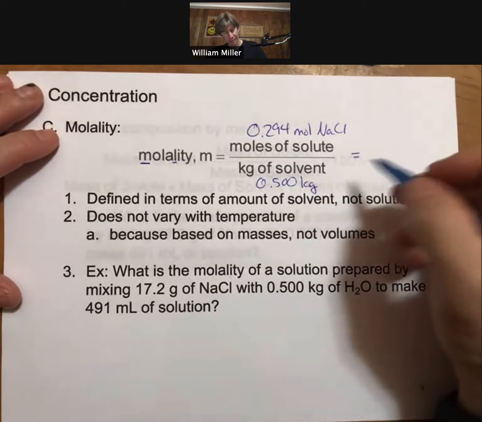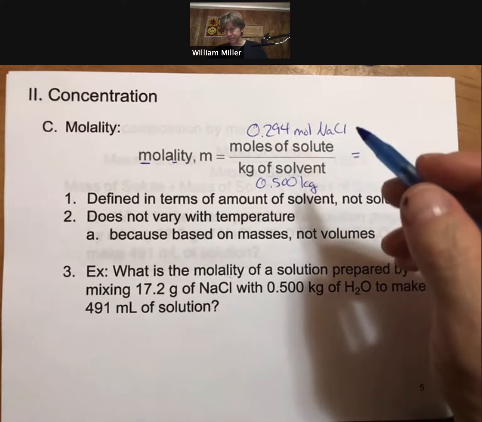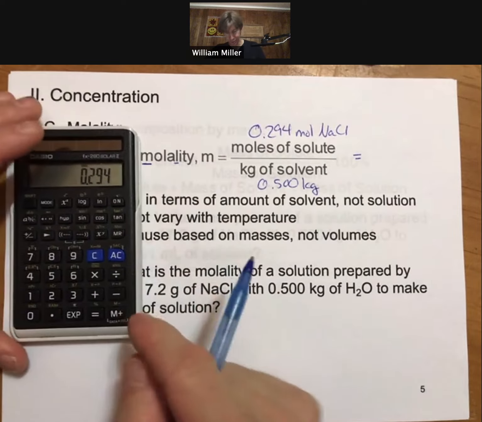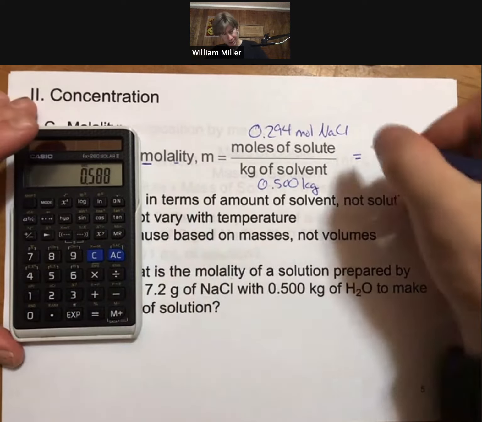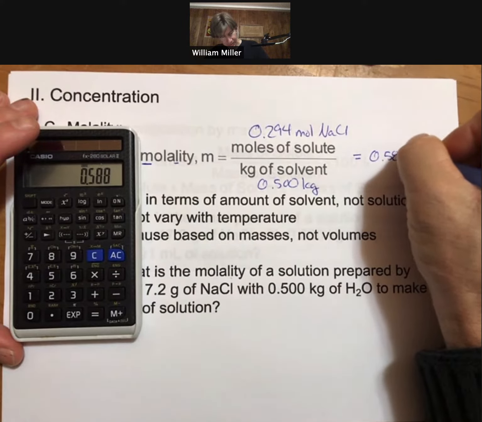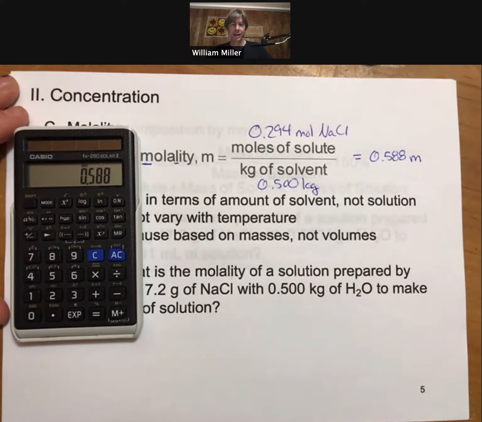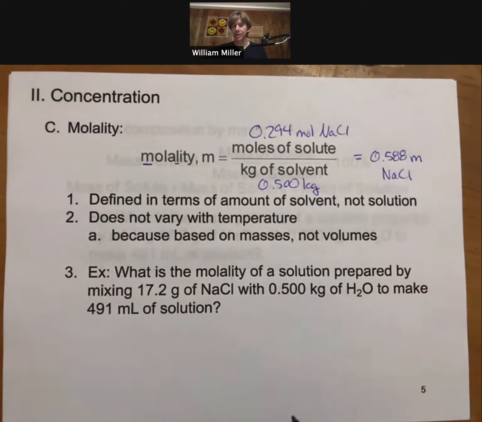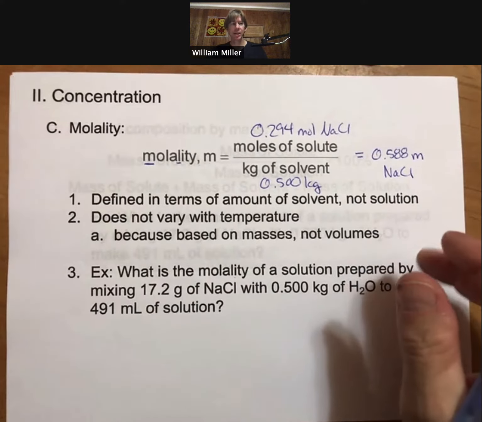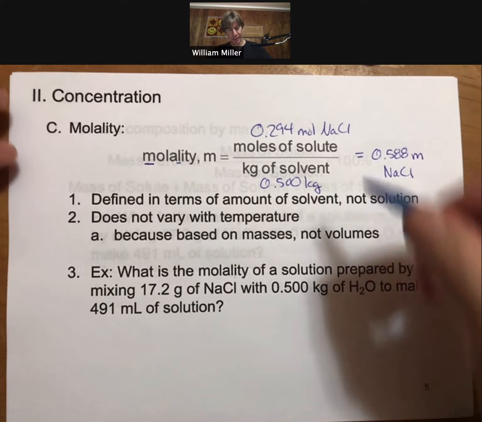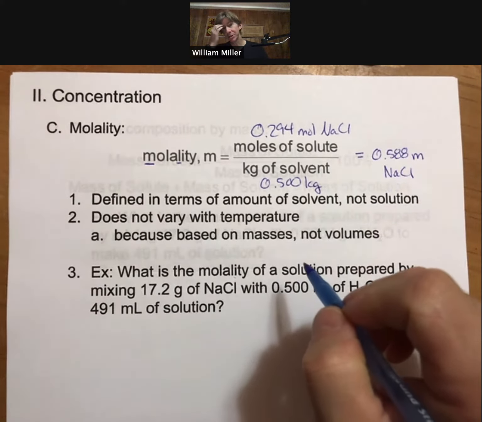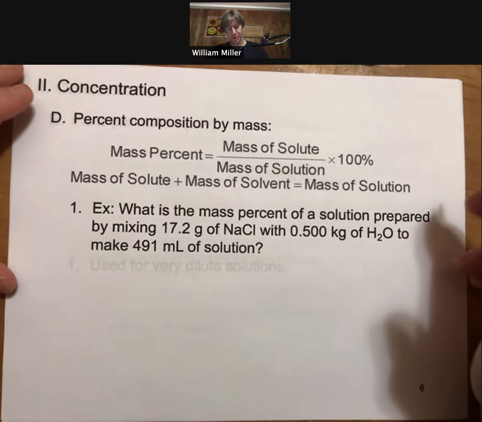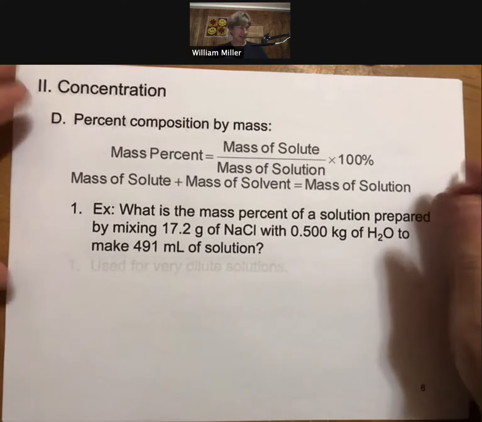And when we do that, we get a slightly different number. 0.294 divided by 0.5, 0.588. This is lowercase m for molality, sodium chloride. Those are units of molality. You will have on your conversion and equation sheets definitions of each of these just to make sure you can keep them separated.